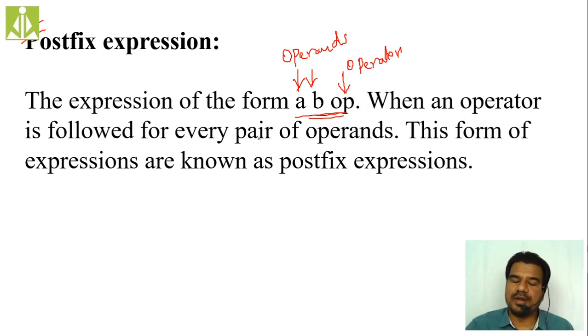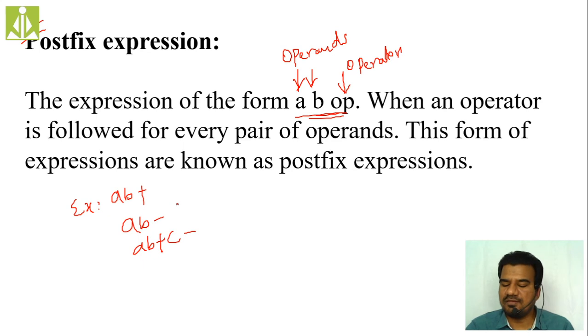Examples: AB plus. Instead of writing the plus in between, we write it afterwards: AB plus, AB minus, AB plus C minus. This form of notation we call postfix notation of the expression.